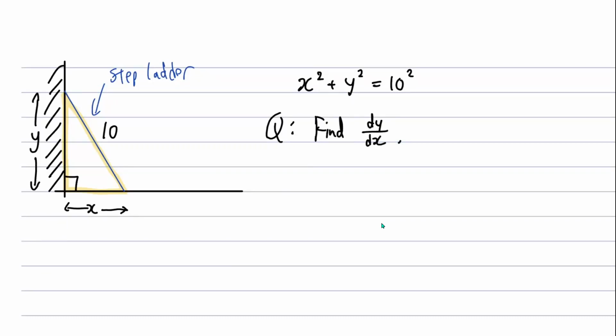How would you do it? Okay. 100 minus x squared equals y squared. Square root both sides.